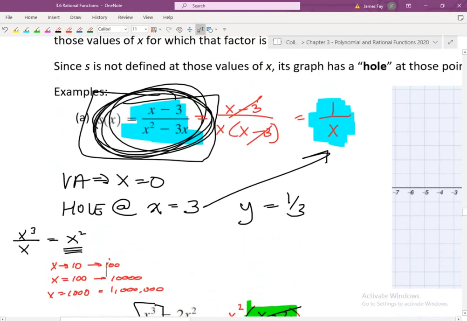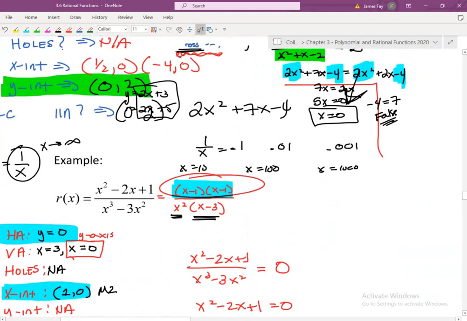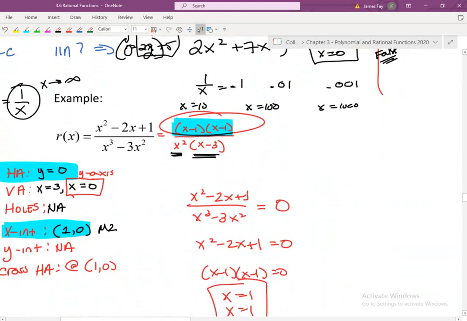It's kind of like up here when we did this one, the 1 over x was that comparison of the leading terms. When x equals 10, this approached 0.1. When x was 100, it went to 0.01. When x was 1,000, it's 0.001.